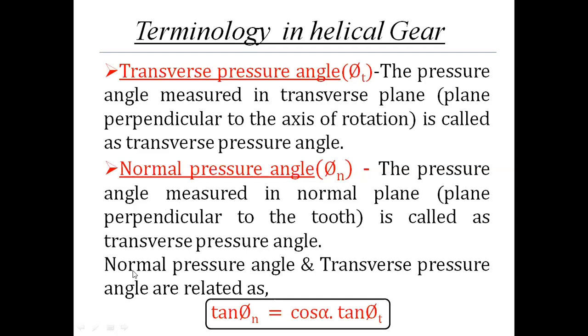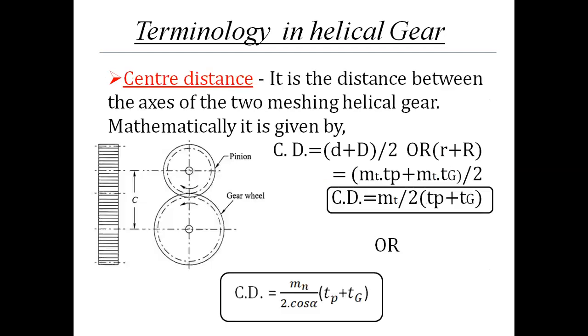The relation is tan phi n is equal to cos alpha into tan phi t. How that relation is derived, we'll discuss in the next session with a different figure. I will share the link for the previous session for understanding purposes.